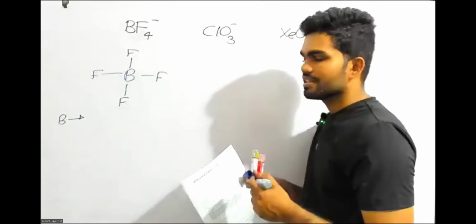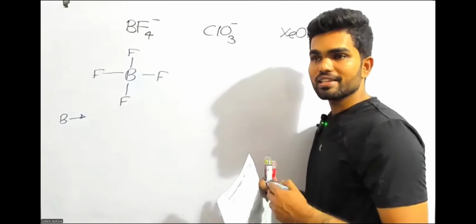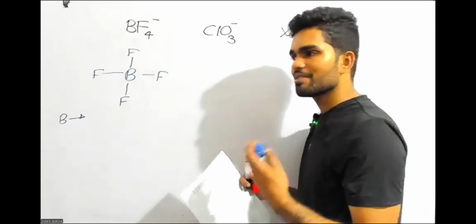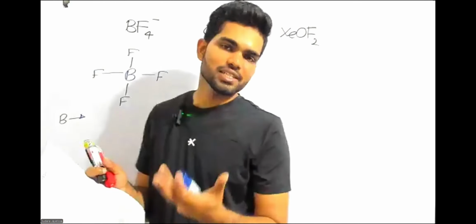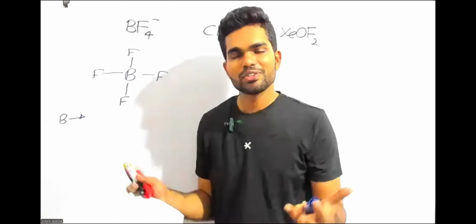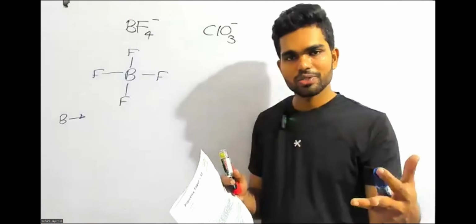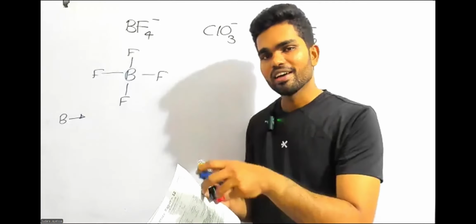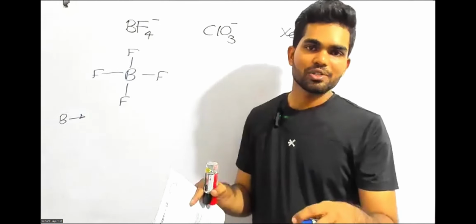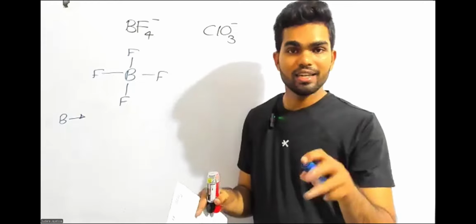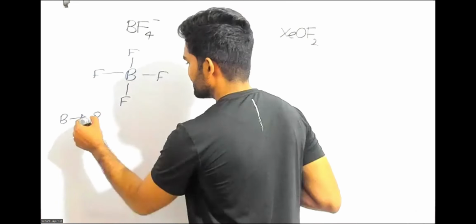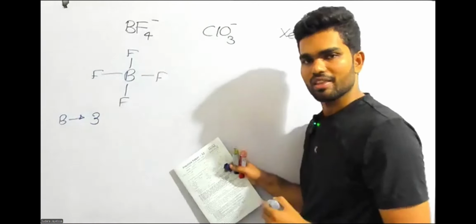Boron is in group 13, which means it has 3 electrons in the outer shell. Take the configuration also: 1s2, 2s2, 2p1. So 2s2, 2p1 are the last energy level electrons, which means you have 3 electrons. So boron has 3 valence electrons, right?